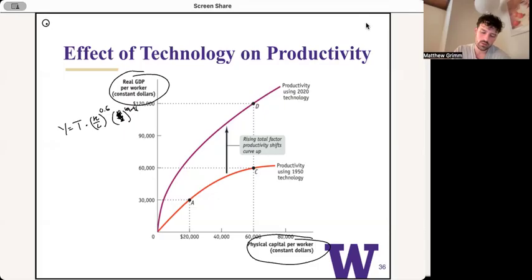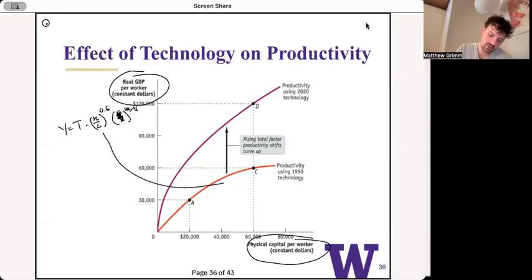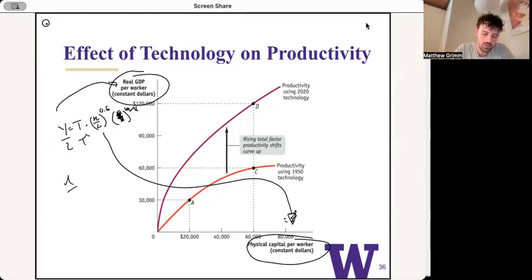K over L is the physical capital, so that's on the X, and Y over L is the real GDP per worker. All we're doing is changing technology right here, from 1 to 2. When it does that, it's going to shift up this entire graph.